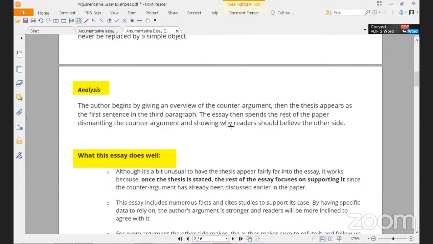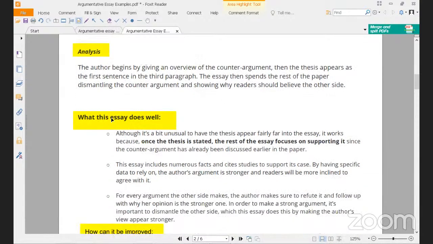Okay. Good. And what is your perspective about the writing, the essay in general? What does this essay do well? Okay.